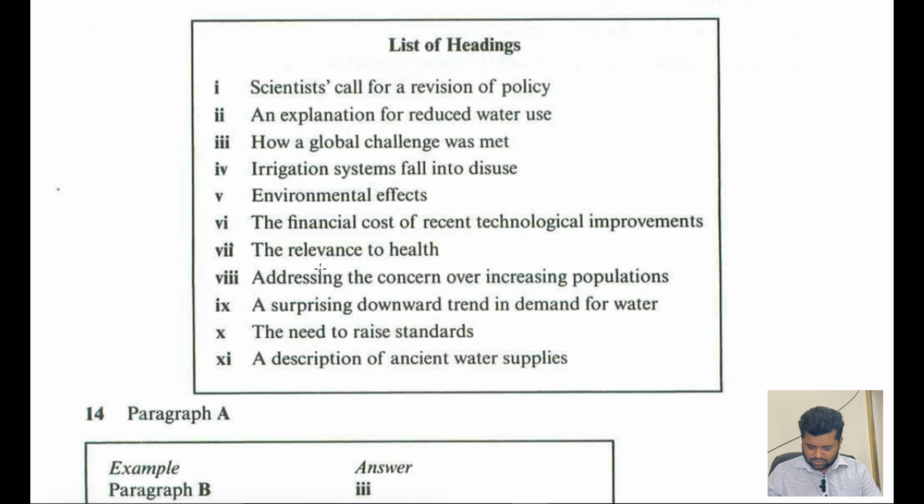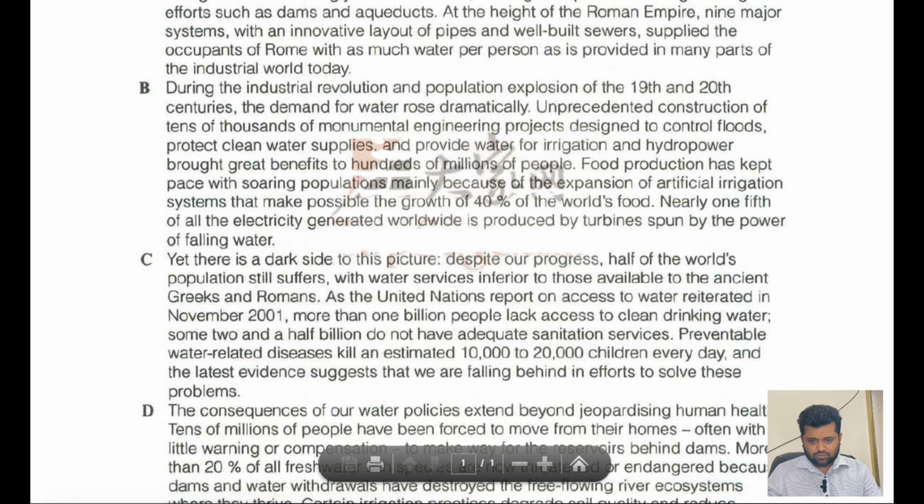Again go to the passage and underline the keywords. In the third para, you find lack access to clean water, and adequate sanitation services. So here we find the health problem, preventable water diseases. Here we also find diseases kill an estimated number of children every day.